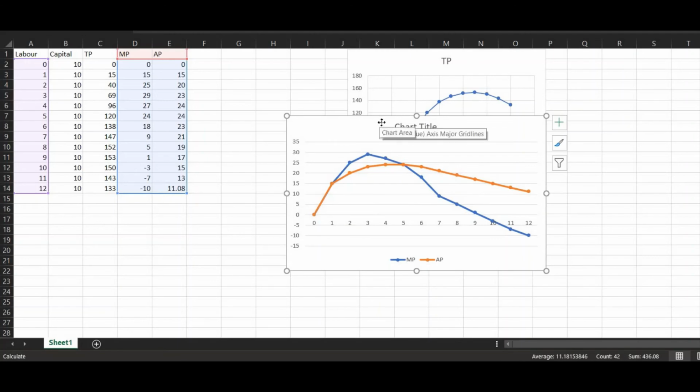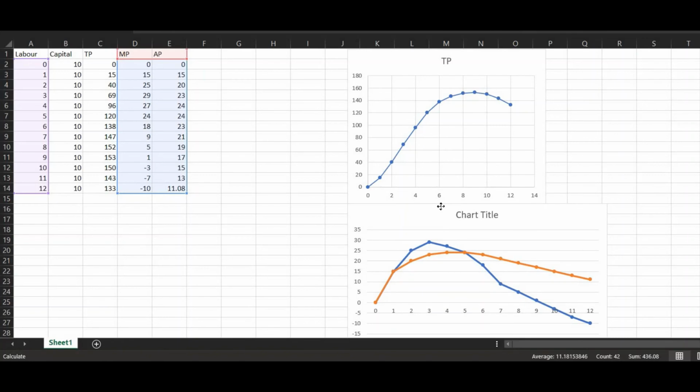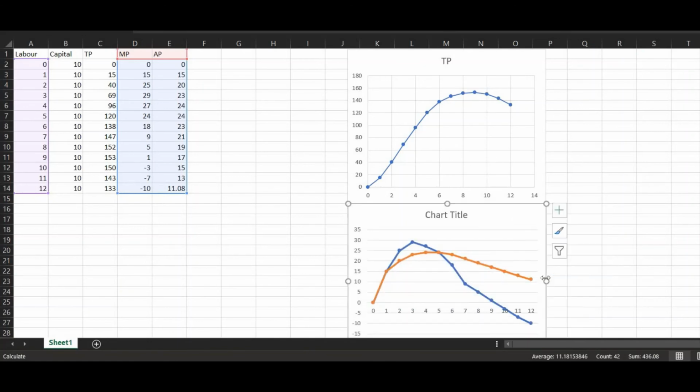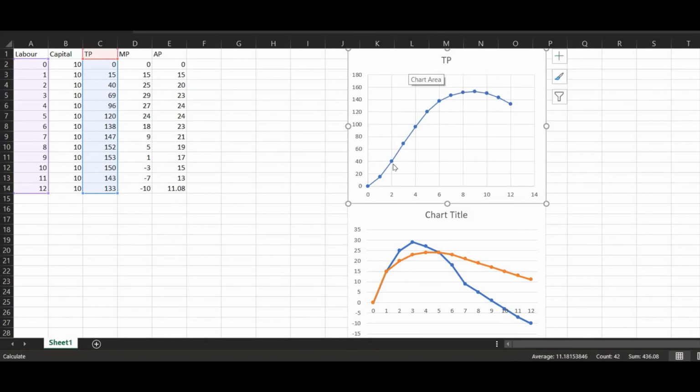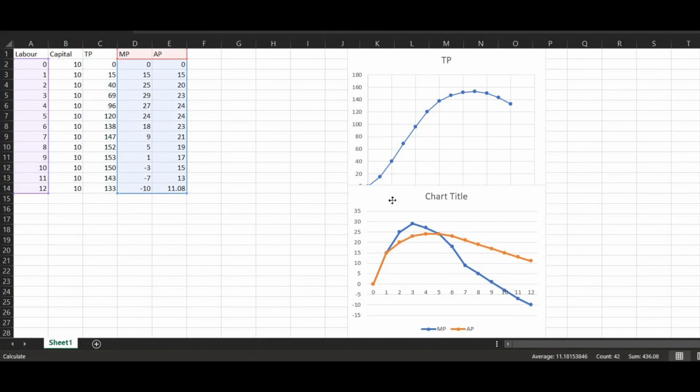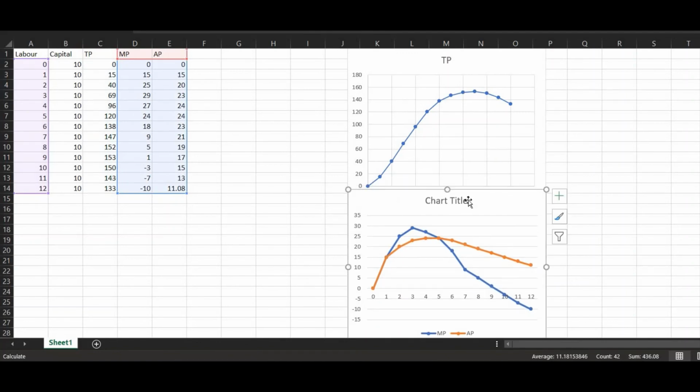If we try to combine this with this and do it this way, then we can get more insights. Okay, we are not getting much insight here, but still, first of all, the orange graph is showing you the average productivity, and the blue line here is showing you the marginal productivity.